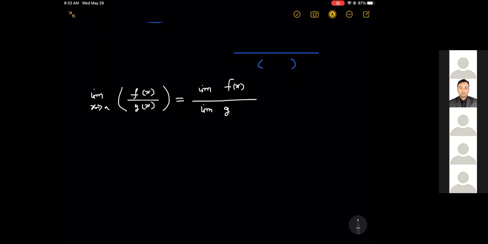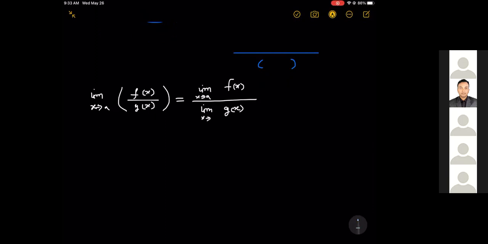let's see one example of that as well. So this law says, again, as long as the denominator is not 0, that means for x tends to a, your function g of x is not approaching 0, you can use this law, which is that finding the limit of a fraction is the same as finding the limit of two different functions and then finding the ratio of that.